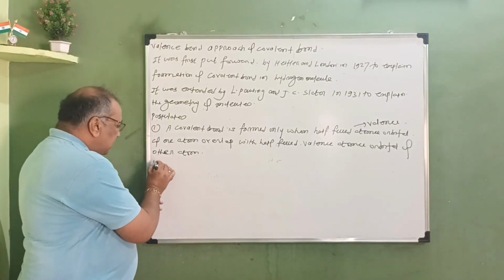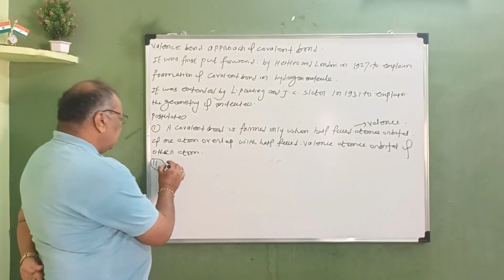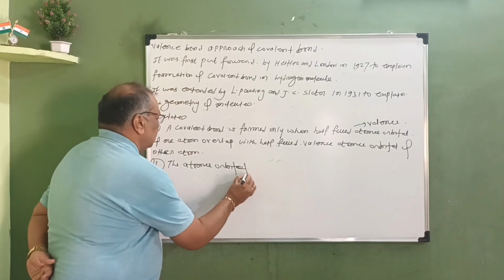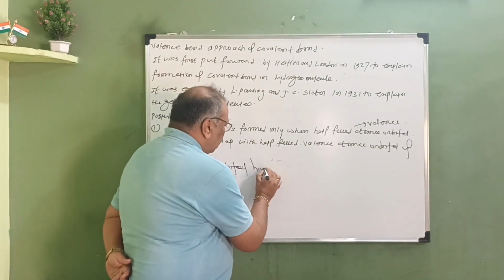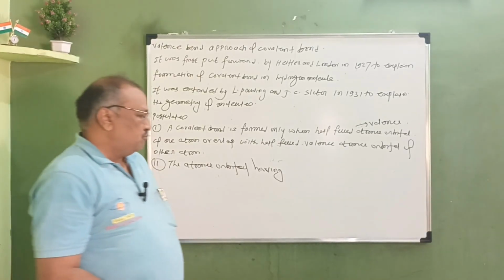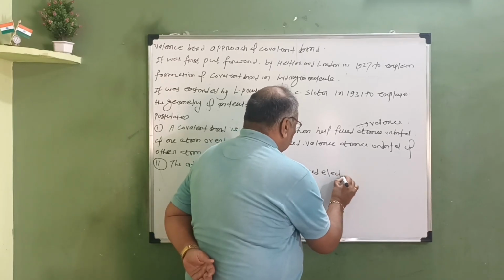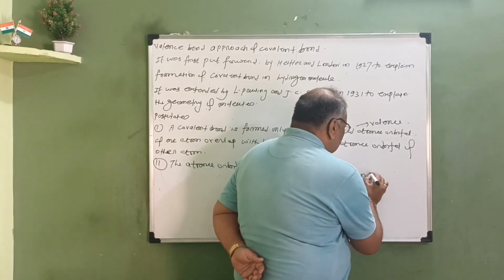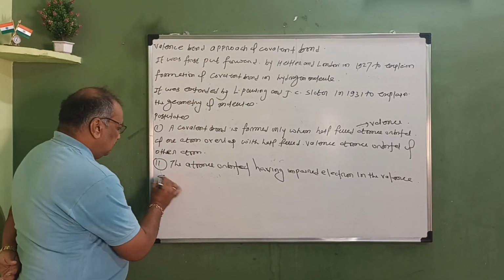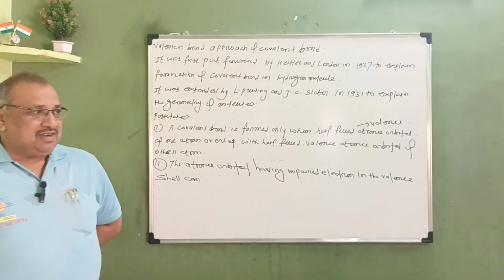Second postulate: the atomic orbital having unpaired electron in the valence shell can take part in overlapping.